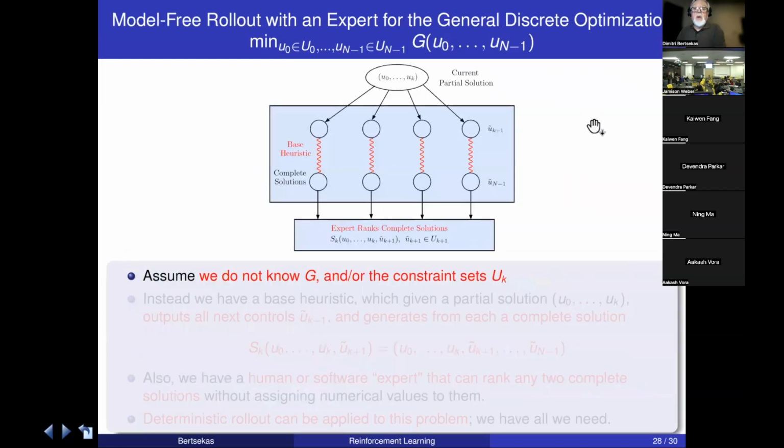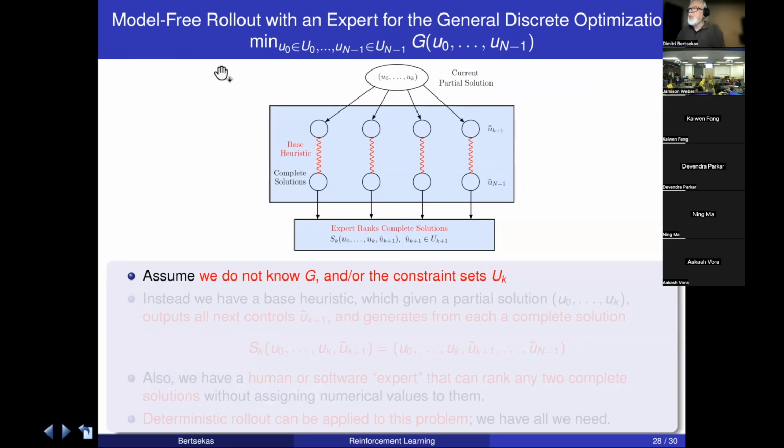Okay, so let's go on to our last subject, last variation of rollout, which we call model-free rollout, for the case where you either don't know the cost function or you don't know the constraints of the problem. Now, you may not know it, but there's a computer that knows it, okay?